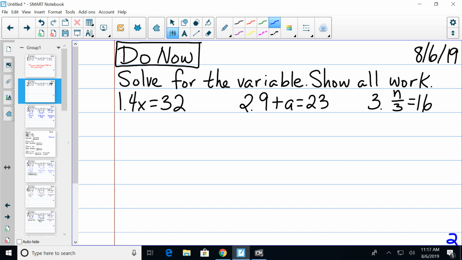What are we dividing? We're dividing the 32 by 4. That's what we're doing? What do we have to do? We have to divide both sides by 4.